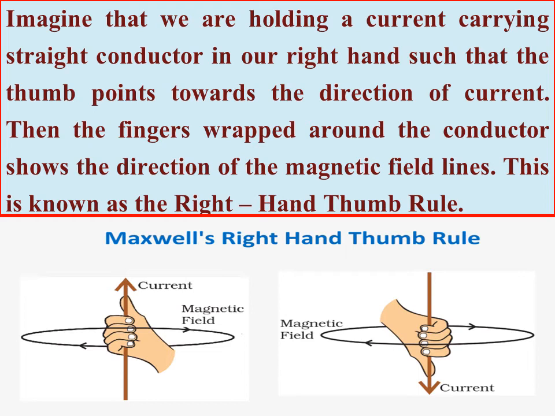You can observe one thing from here: when we reverse the direction of current, the direction of the magnetic field also reverses, which you have observed in Oersted's experiment also. So the direction of the magnetic field lines in the case of a straight current carrying conductor is given by the right hand thumb rule.